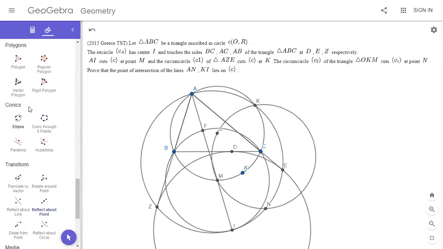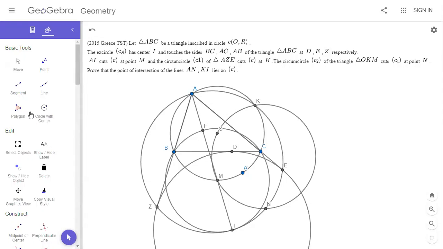Hold on a sec. So A prime KI. Wait, why is A prime KI 90 degrees?